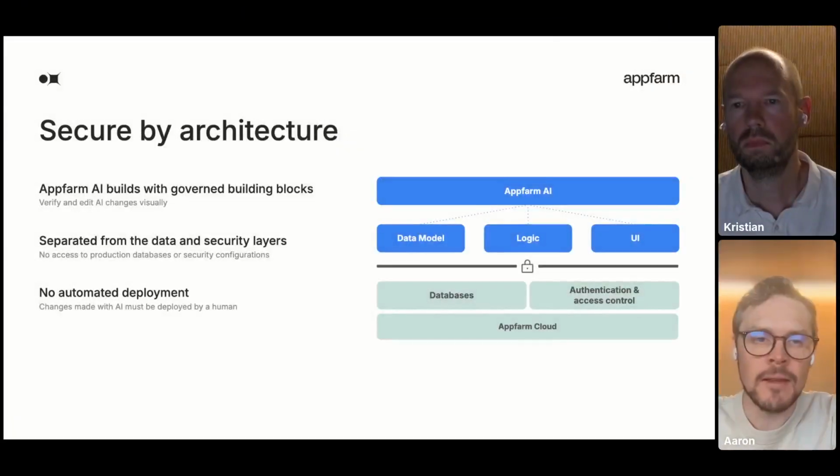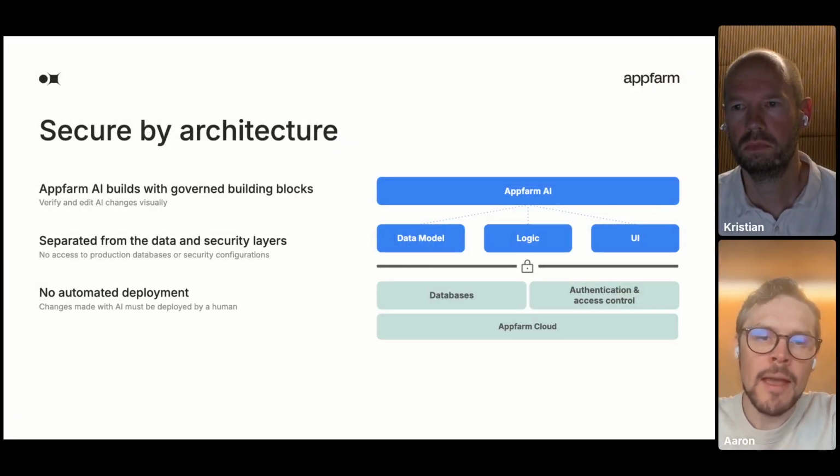And that's exactly the same building blocks that a human developer works with. So it's not code like you said. And so when you're working with Appfarm AI, it's a similar effect to vibe coding in terms of the AI is building the software for you. But the foundation is different. It's this visual development foundation.